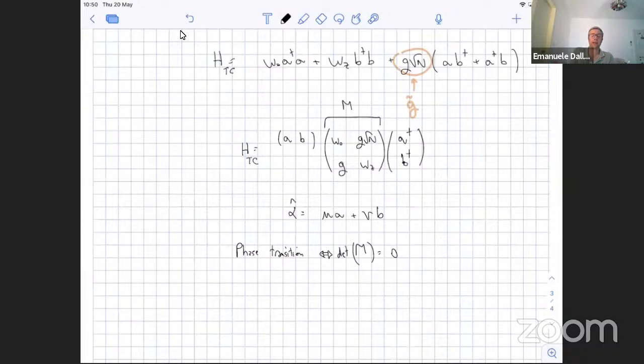Then we know that there is an eigenvalue that is zero, meaning that there is an excitation state that costs no energy. We can excite the system at no energy. That's precisely when the gap closes, the place of the phase transition. And so in this case, it means that omega 0 omega Z equals G square root of n.